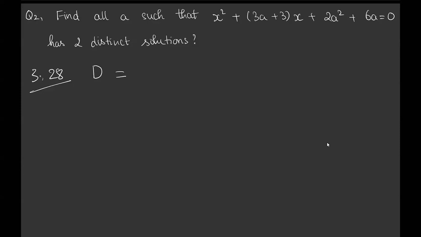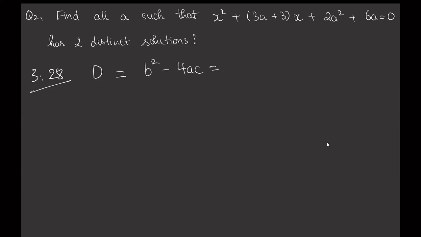For questions asking for coefficients such that you have 0, 1, or 2 solutions, the first thing I would do is find the discriminant, b squared minus 4ac.